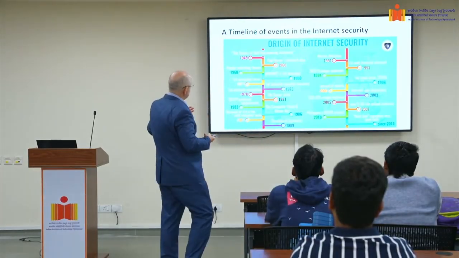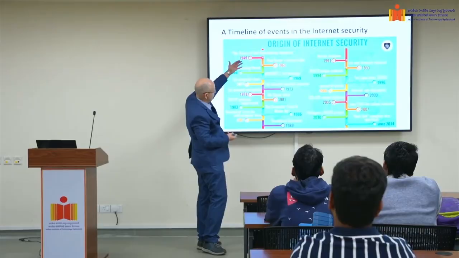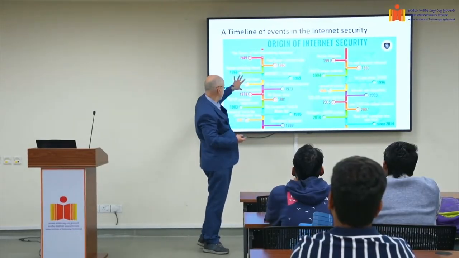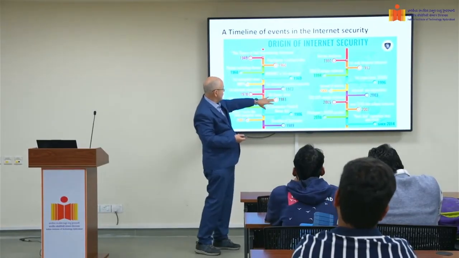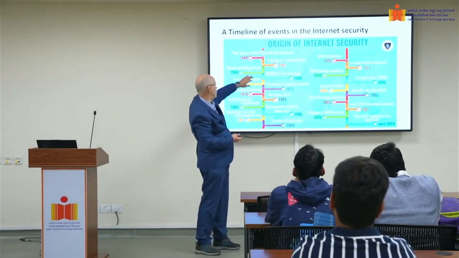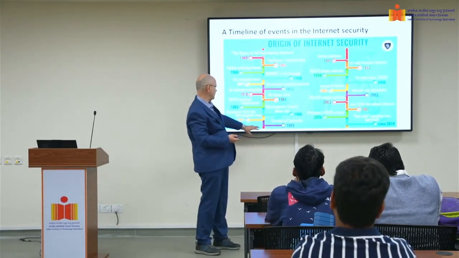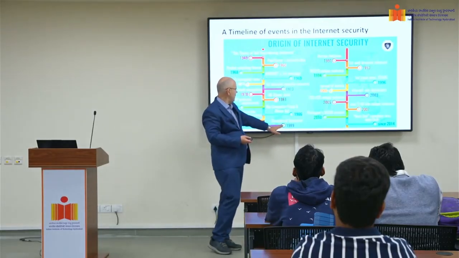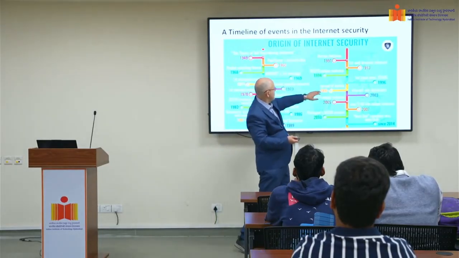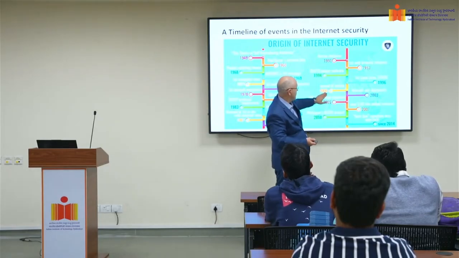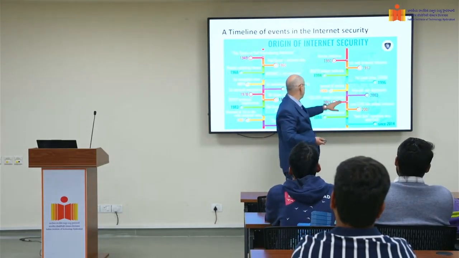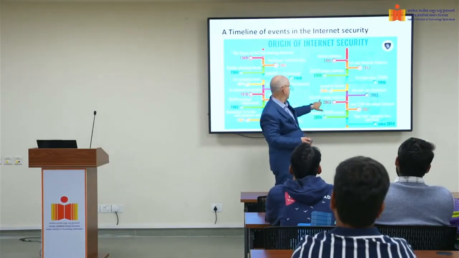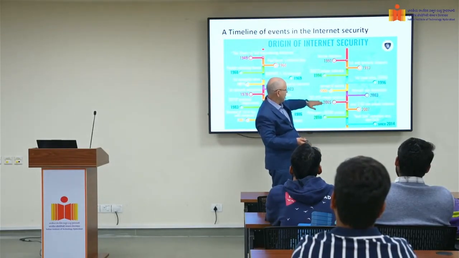In those times, if we see the development of technology, new security tools appear, new information technologies appear, new companies appear. So in this time, we had a unique kind of malware.